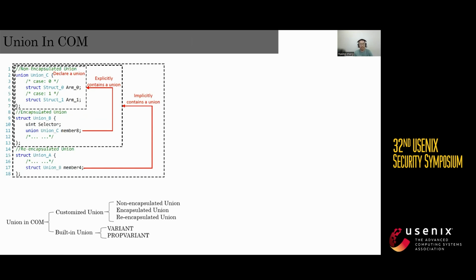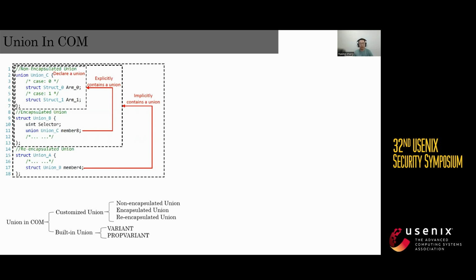And unit B, which contains a member of type unit C, is termed an encapsulated unit because one unit is wrapped within another unit. Then we have unit A that has a member of type unit B. This is interesting because it implicitly contains a unit, so we call it a re-encapsulated unit.